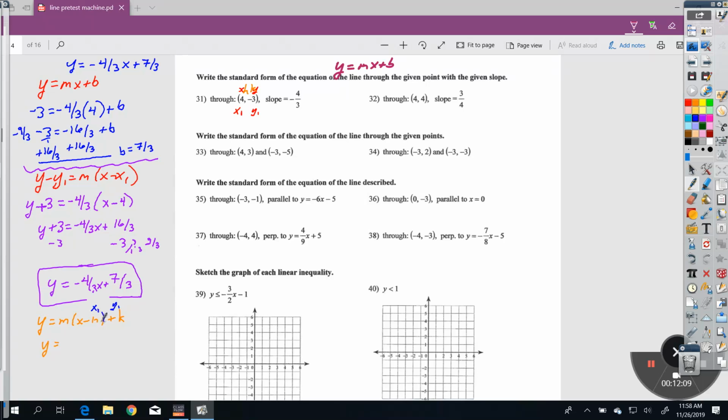So just a different way to say it. So y equals negative 4/3 x, minus h, which is 4, and k, which is negative 3. So I distribute that. I get negative 4/3 x plus 16/3. I'm going to change this 3 to be thirds, multiply top and bottom by 3, minus 9/3. 16 minus 9 is 7/3.